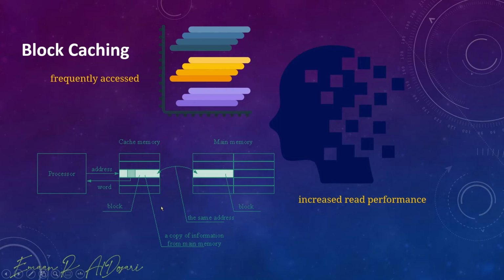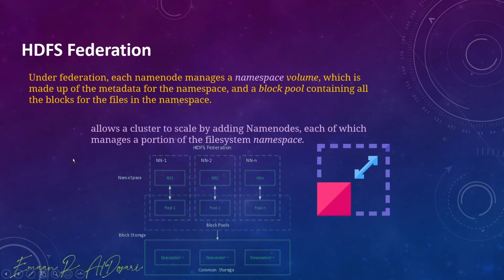And the reason for saving the cache in memory is to increase the read performance and to increase our processing.